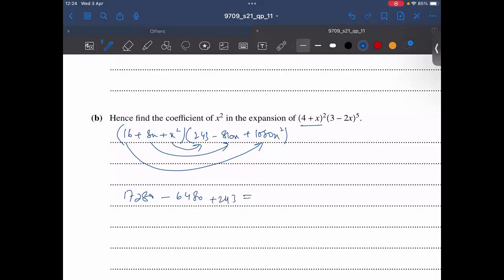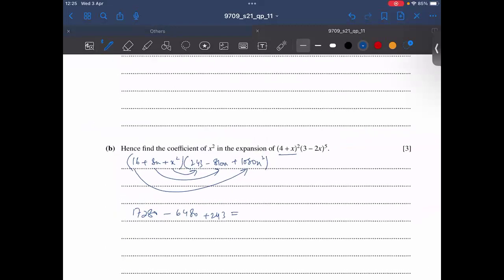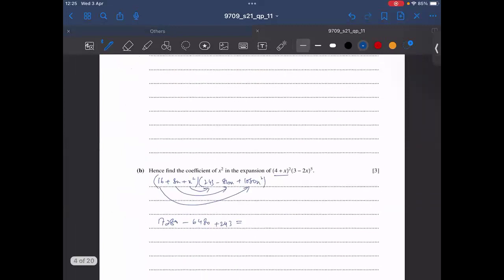So what is going to be the final coefficient of the term in x square? 17280 minus 6480 is going to be 10800, and then plus 243.